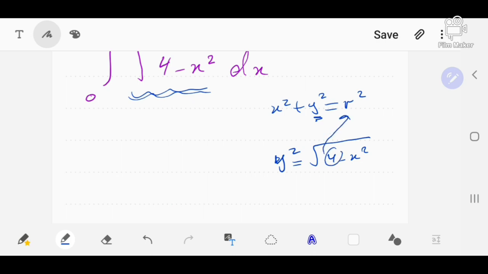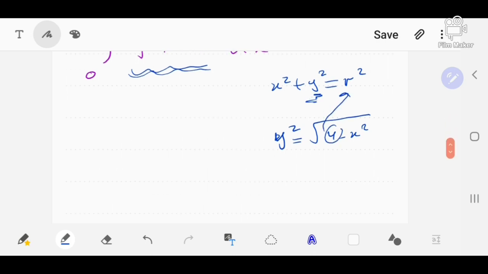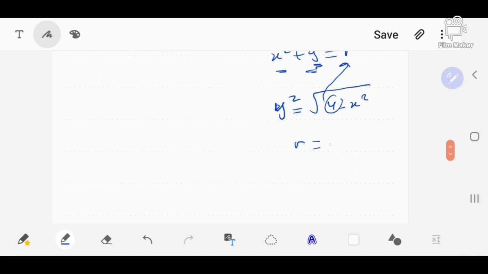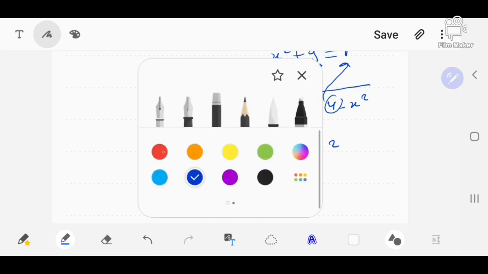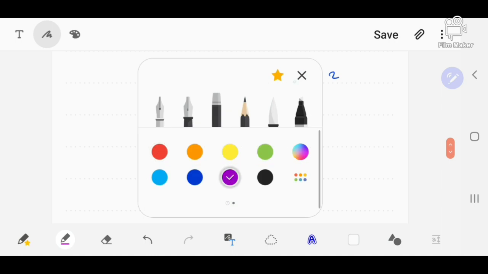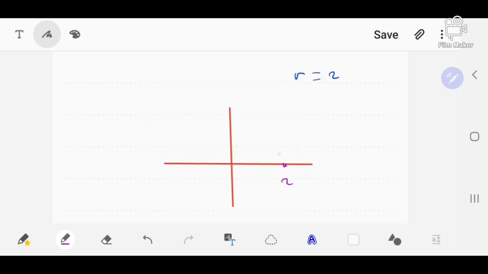So if you want to draw it, you will get a semicircle, radius 2, 2, 2, and so on. That's the circle. We're talking about the positive part, so this is the semicircle that we are talking about. And if it was a full circle, it would be like this. So this is our semicircle.